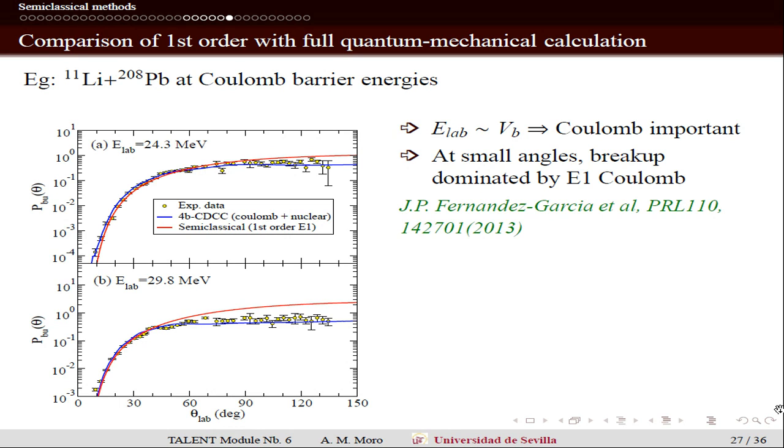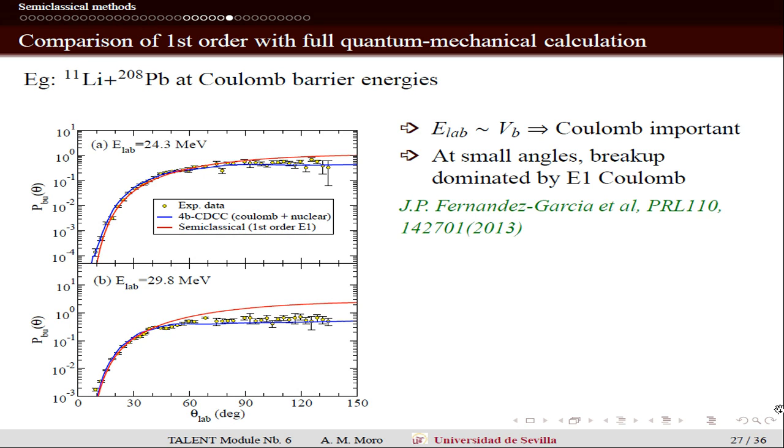So this is defined as a ratio, essentially, between the lithium-9 fragments and the elastic fragments. So this is the ratio between the breakup and the elastic, as a function of the scattering angle, in this case in the laboratory system. So these are for two incident energies. So you have two lines here.